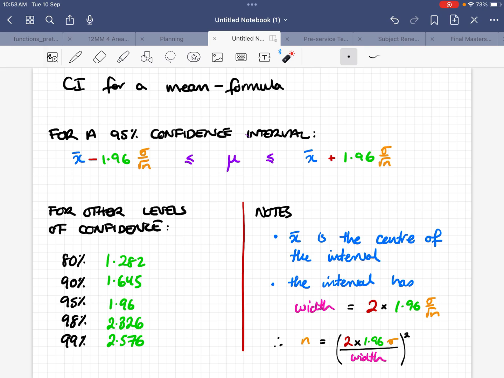But there's a couple of things you need to make sure that you get right when writing this out. So look, for a 95% confidence interval, we're making a statement here that the population mean, and make sure that we're using this notation here, this mu sitting there in the middle, is greater than the sample mean minus 1.96, we'll come back to that in a minute, times the standard deviation over the square root of n.